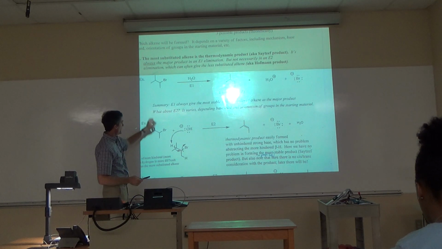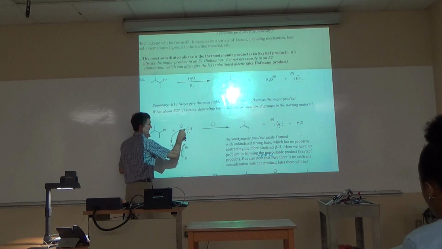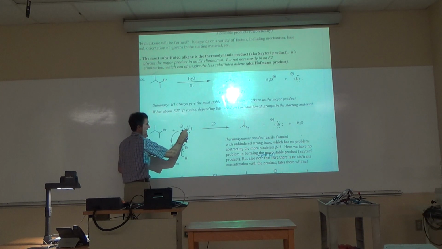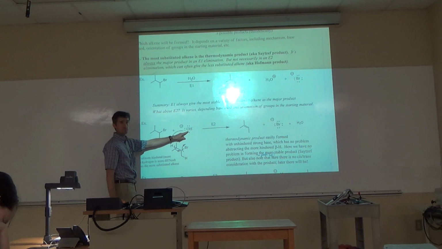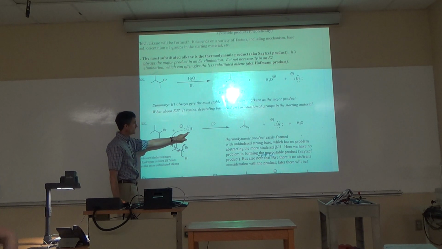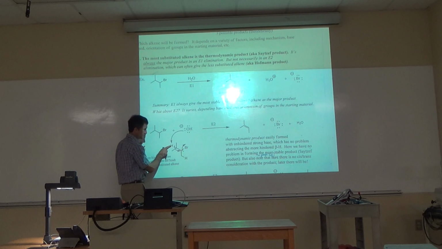Same substrate as above, but here let's use hydroxide as a base, not just water. Hydroxide, strong base, yeah? It's going to be an E2, because we have a strong base, bully base, E2, here I come. And we take this beta hydrogen, electrons move in, leaving group gets kicked off, all concerted, and this gives what?